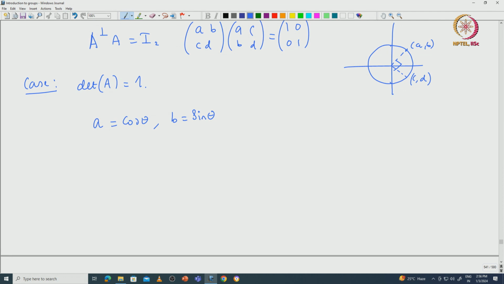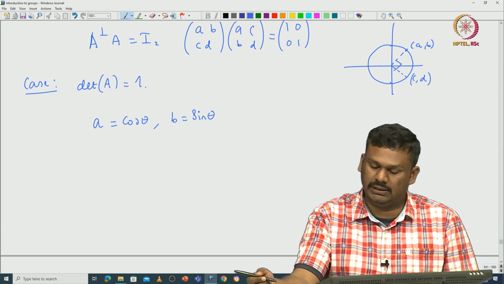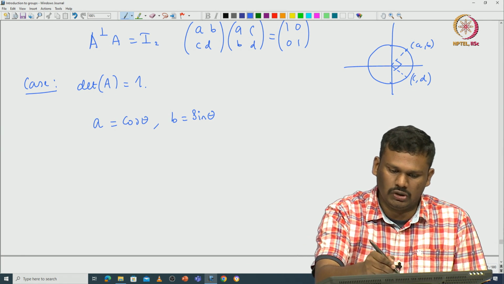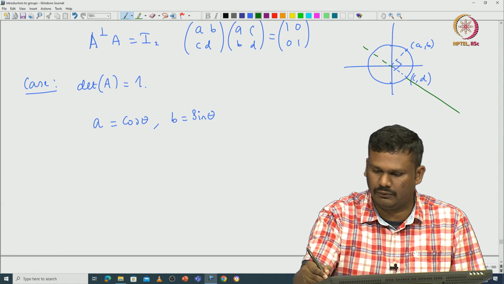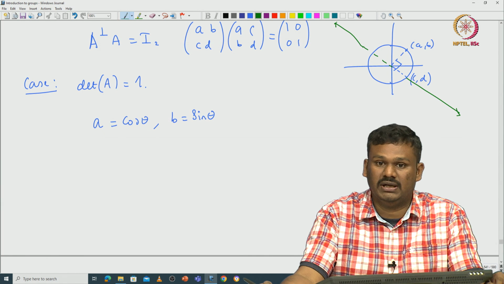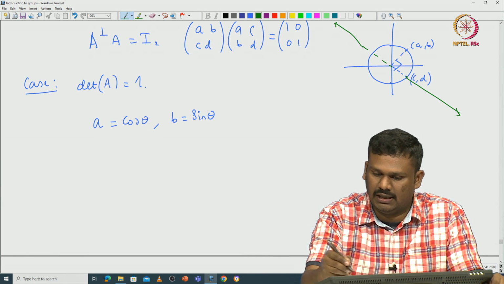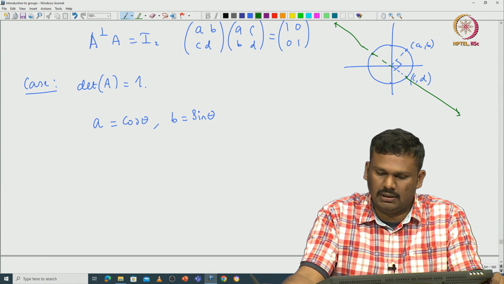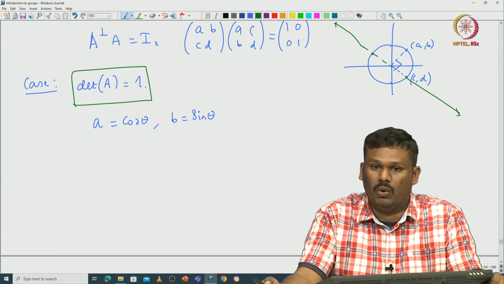If you take the line that is perpendicular to the point (a, b), you can draw this entire line, and it is going to intersect the unit circle at exactly 2 points. One is this (c, d), and the other one is the opposite of that. But what is given to us is that the determinant is 1.